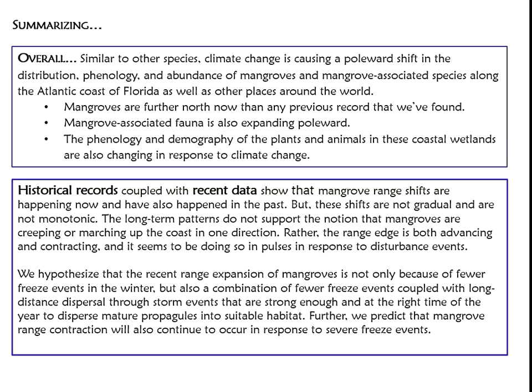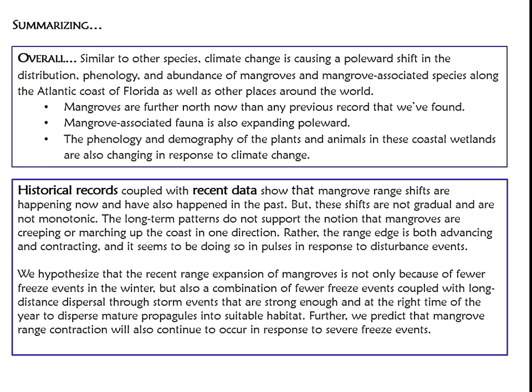Not just the mangroves are expanding, but the mangrove-associated fauna is expanding with their host plants. These mangroves are the foundation to the system, and so they are habitat that's shifting, and the organisms that live there are shifting.